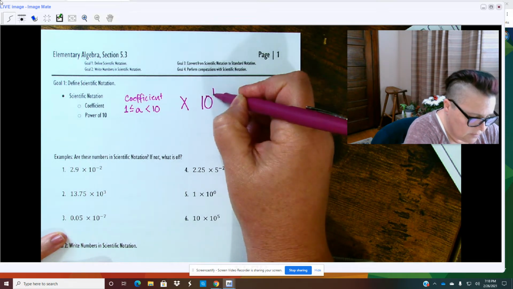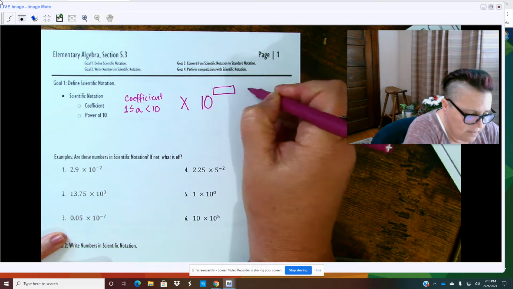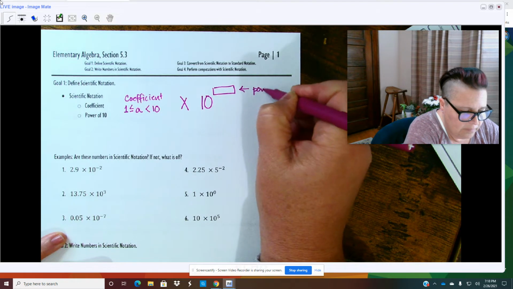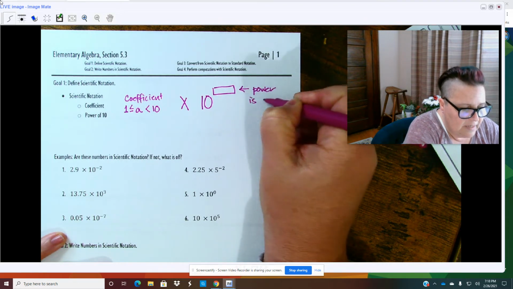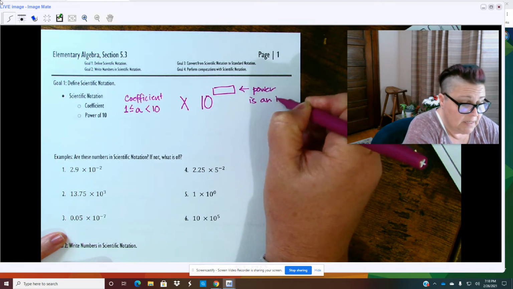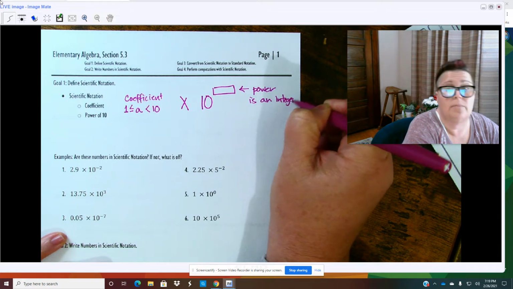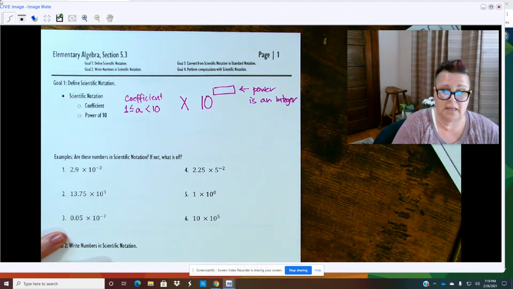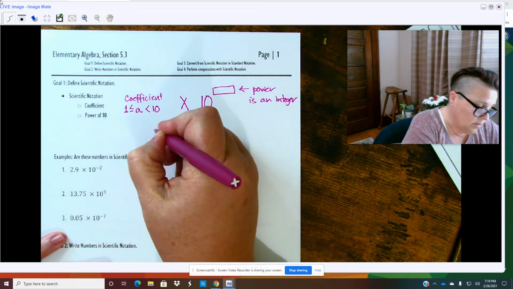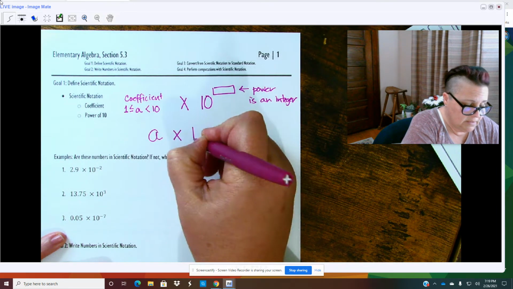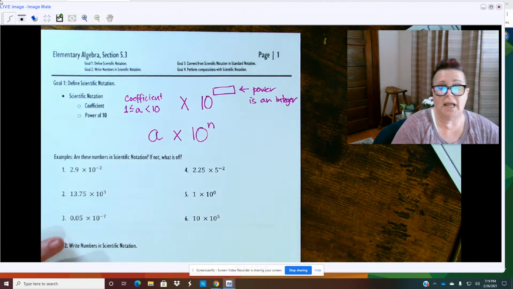So 10 to some blank power. This power is an integer, meaning it's a positive or negative number. It can be positive and it can be negative, okay? So it is always in the form of A times 10 to some power n.